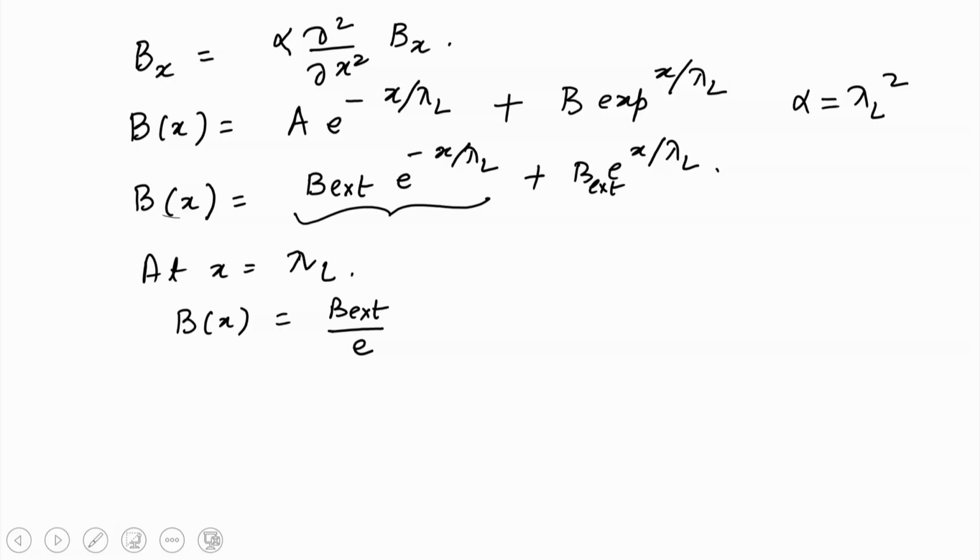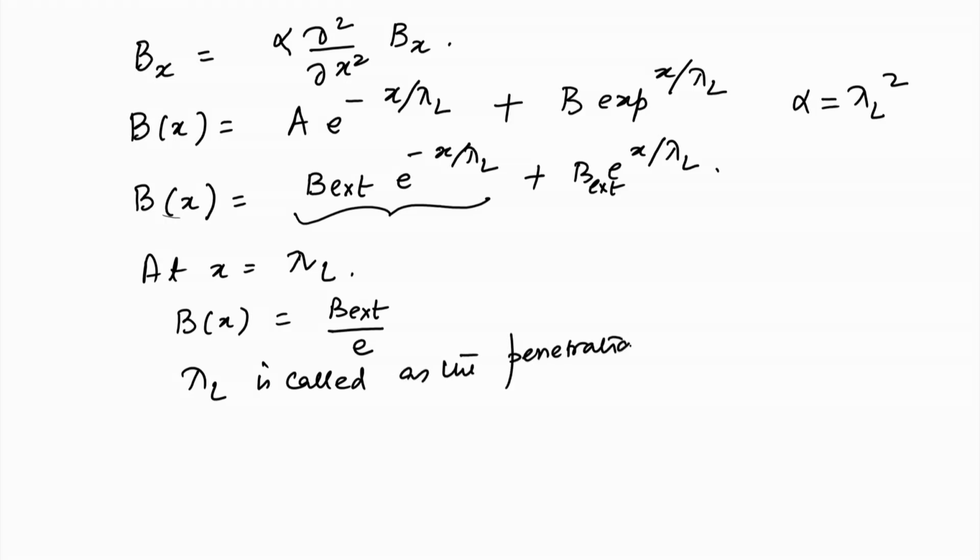So, lambda_L is called the penetration depth. Lambda_L is of the order of about 500 angstrom in ordinary or conventional superconductors.